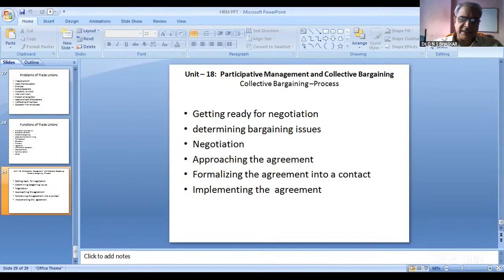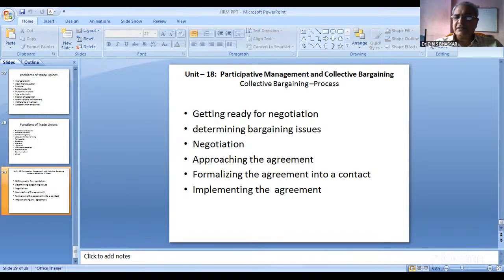But if they sit every day, there is no use, so there must be some time gap between them. Both parties will come to an understanding about what they are going to get, what they are going to lose, what they are going to gain. After getting clarity on that, they will sit again for the negotiation, and then you must reach a conclusion.